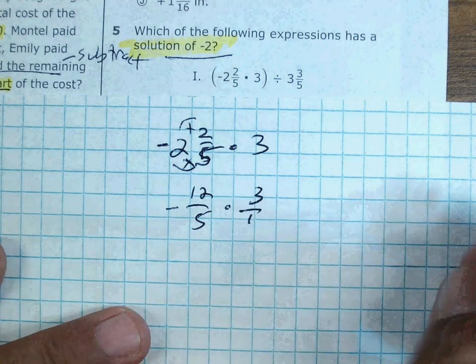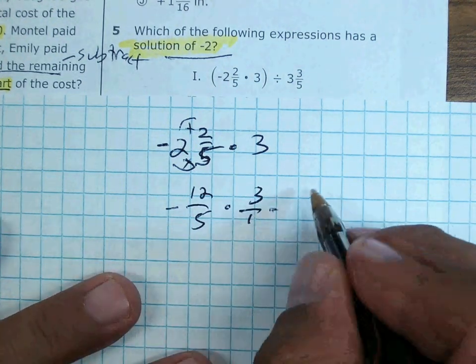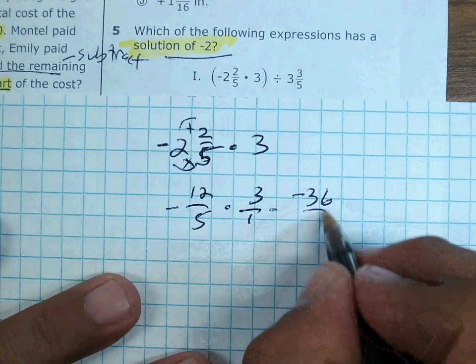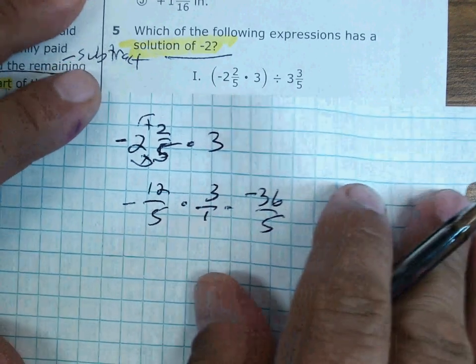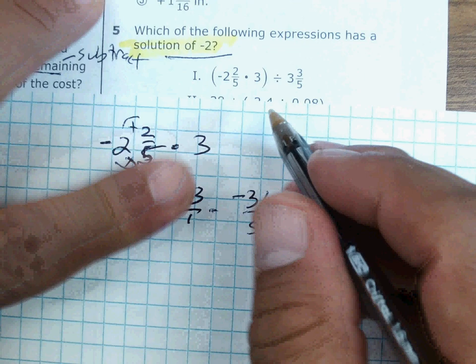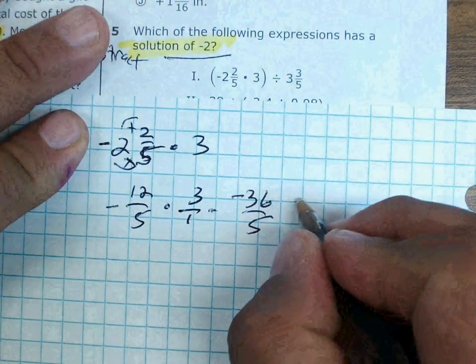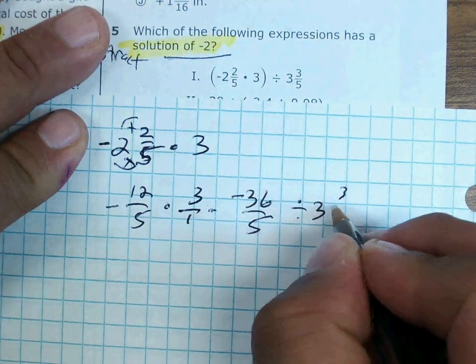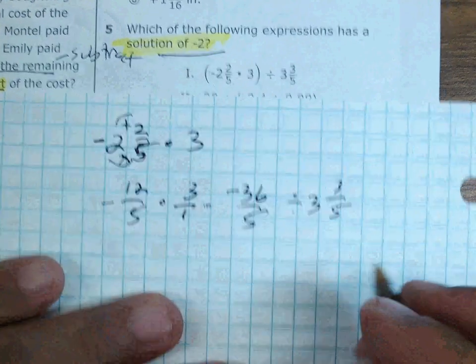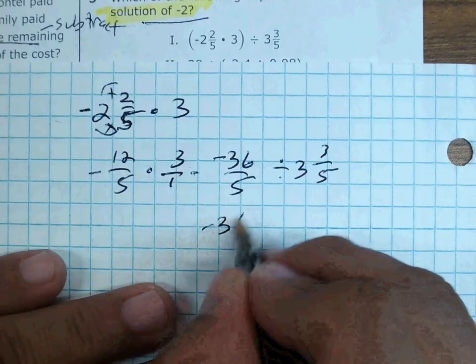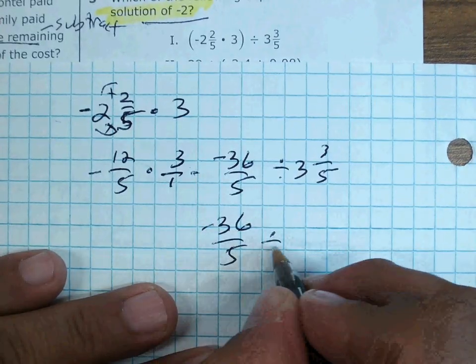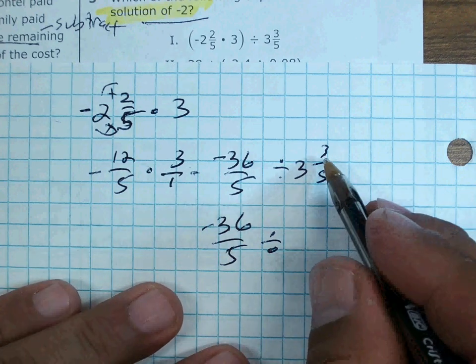We put a 1 at the bottom. We multiply across, we get -36/5. And so now we're going to divide by 3 3/5. So now we're going to put -36/5 divided by, now let's convert this around, let's convert it to a fraction.